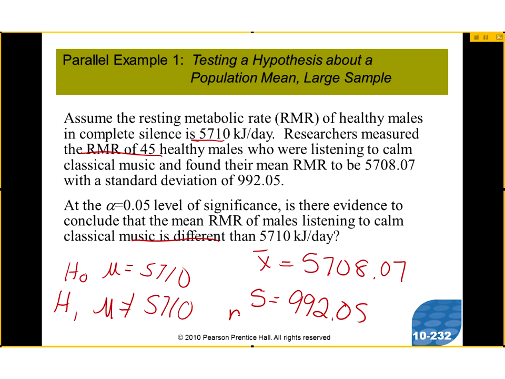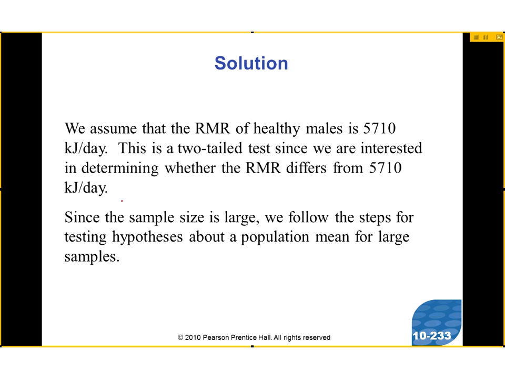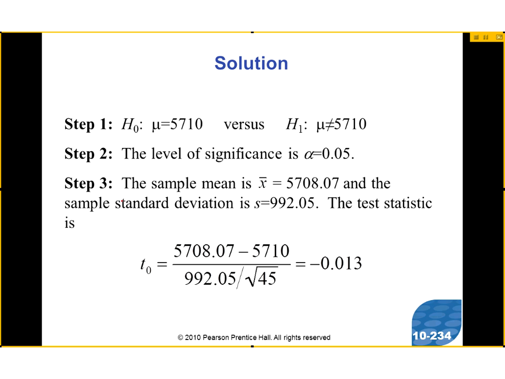Our n was up here. Okay, and our alpha is 0.05. So that's all the information we need. So they're saying it's a two-tailed test. The sample size is large. All right, so that's what I wrote here.